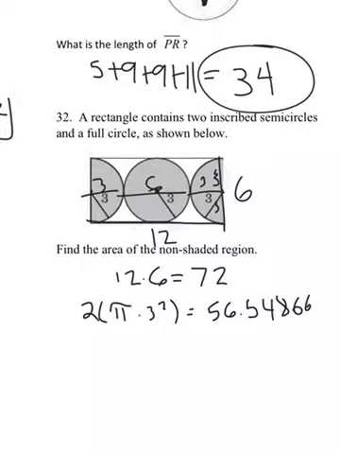Anyways, so 72 minus 56.549, and the shaded region is about 15.451, or 15.5 if you want to round it off.